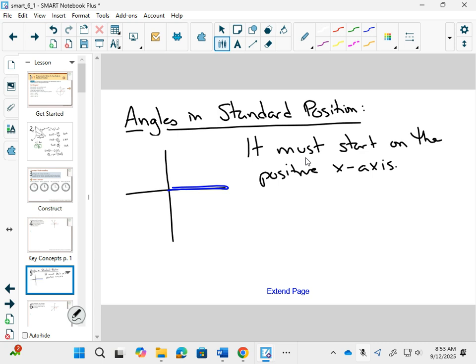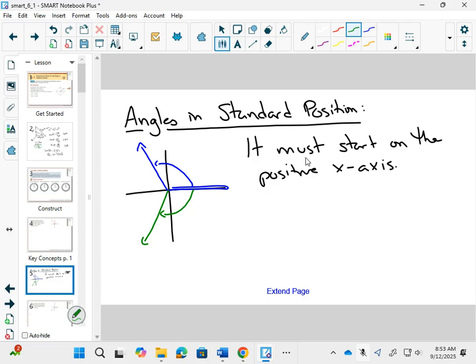The next important thing is that one person says, I'm going to go 100 degrees in this direction, and another person says, I'm going to go 100 degrees in this direction, and now they're different again. So there has to be a second rule to angles in standard position.